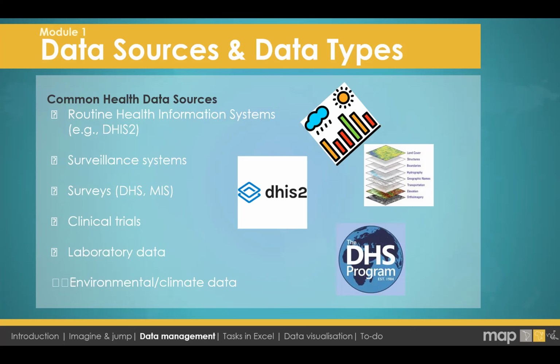Talking about DHIS2, the routine health information system, it is very good in the case of seasonality. Its information is continuous, and it comes in very handy when you need to see seasonal trends. The DHS has its own strength: it goes to the community level and is very representative in that area. So each data source carries its own strength and its own limitation.